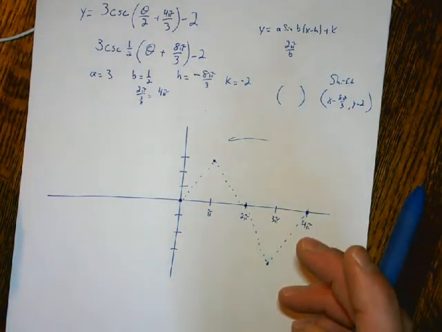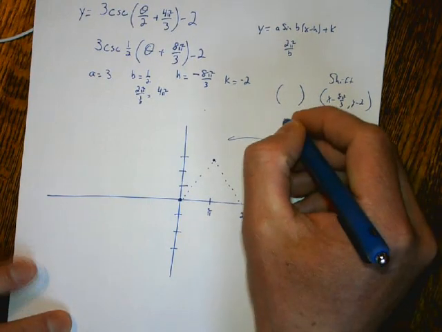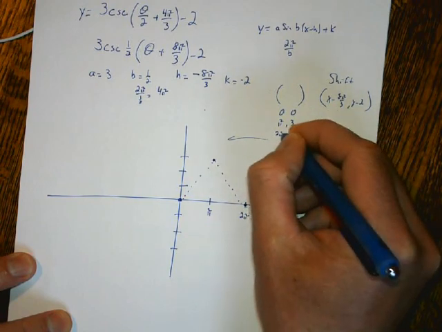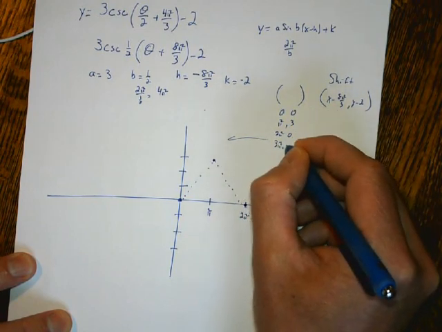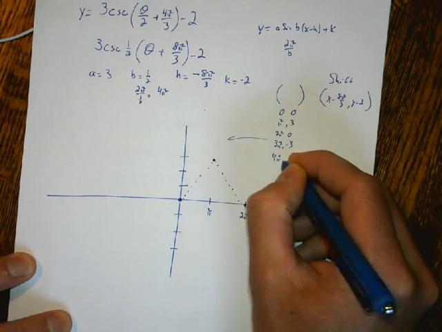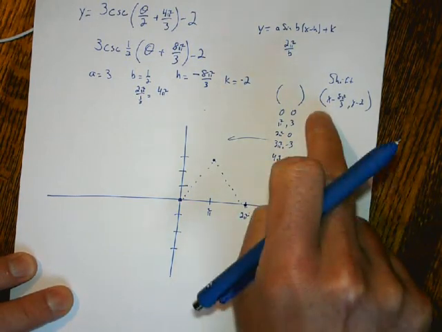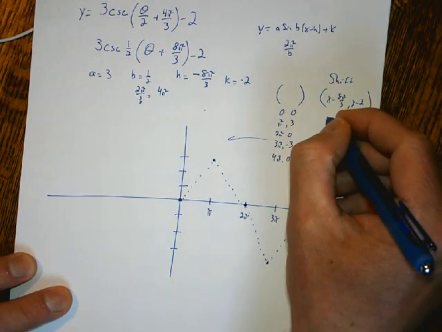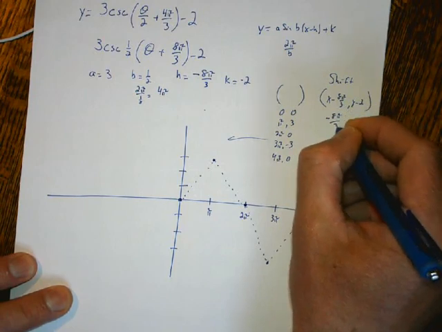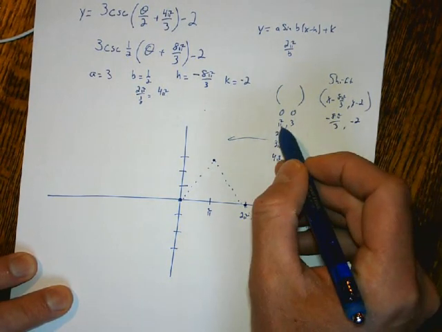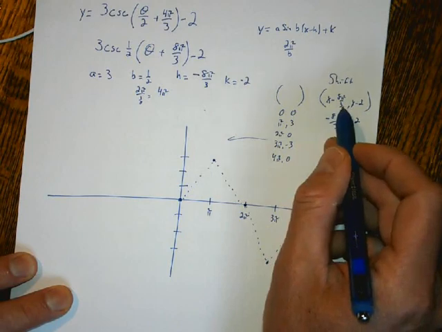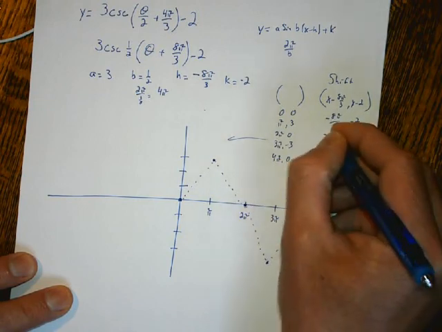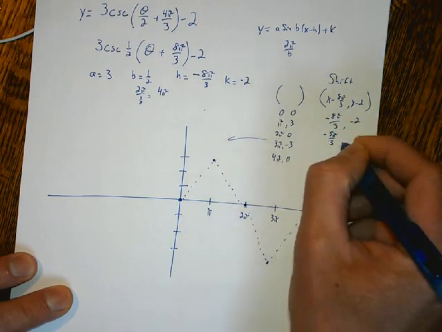So we have 0, 0, pi, 3, 2 pi, 0, 3 pi, negative 3, and 4 pi, 0. For all of these, I know these are going to be my ordered pairs as I move them around. So I know I'm at negative 8 pi over 3, negative 2. Pi minus 8 pi: think of this as 3 pi over 3, subtract 8 pi over 3. I'm going to get negative 5 pi over 3 and 1.